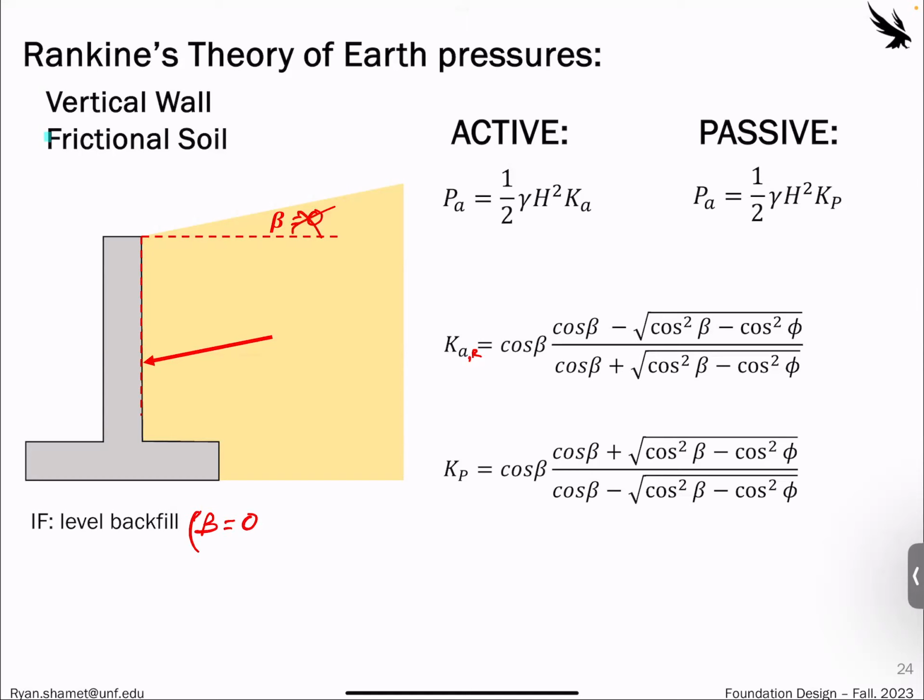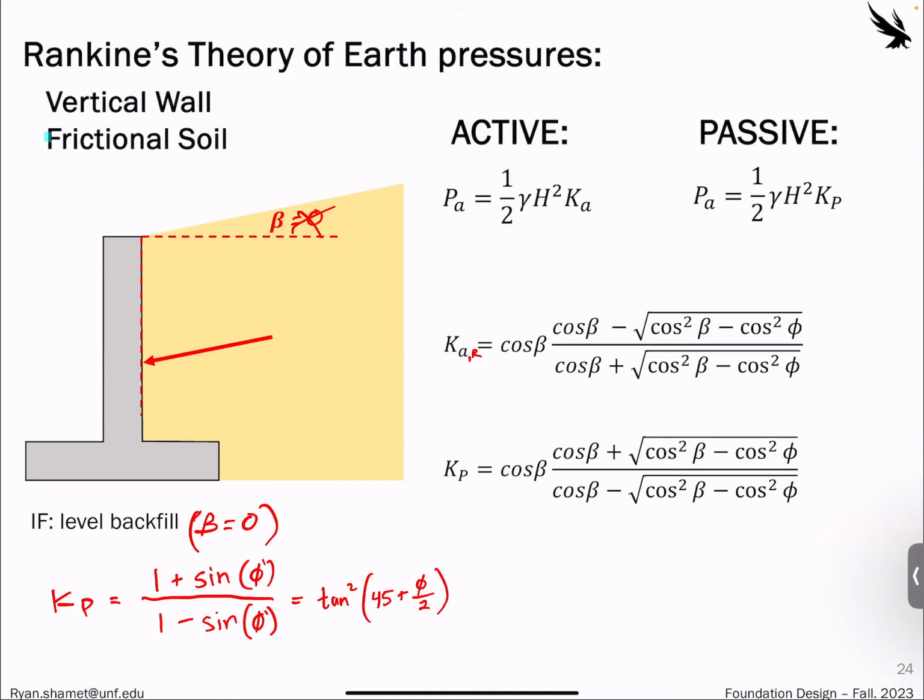So if level, then our Kp is going to equal 1 plus the sine of the friction angle over 1 minus the sine of the friction angle, which is equal to the tangent squared of 45 plus the friction angle over 2.